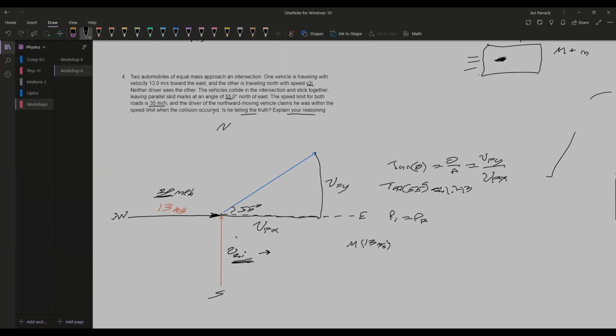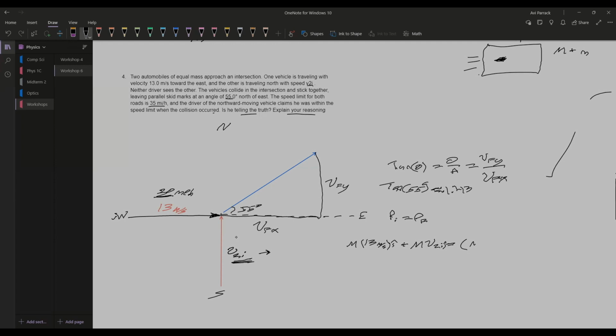I'm going to call that i hat, rightward. And then in addition, initially we had the car traveling to the north at V2i, the mysterious V2i that we don't know. And that's to the north, so that's j hat.